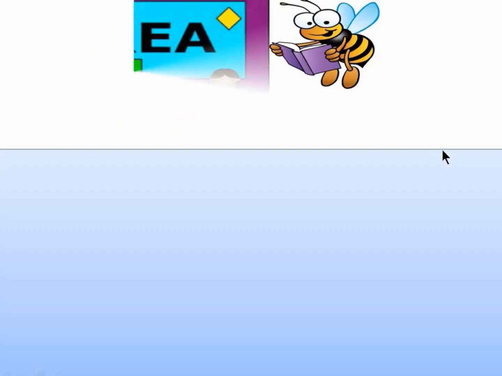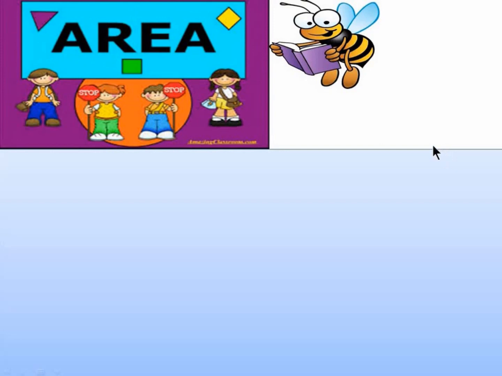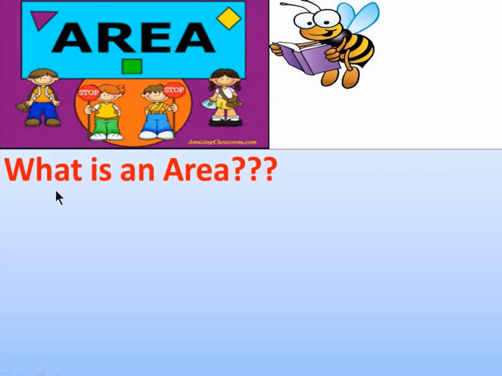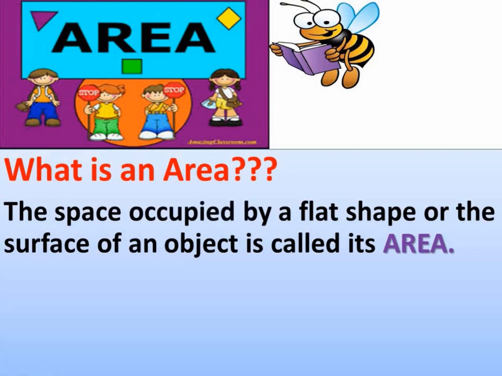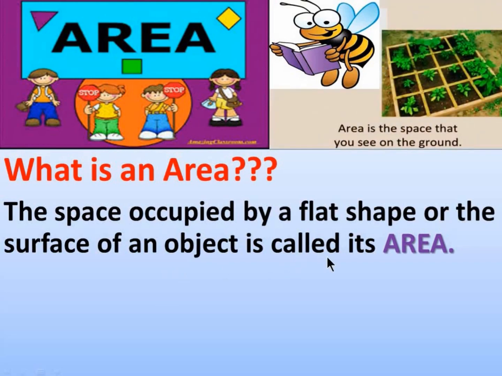Let me tell you more about area. It's the space occupied by a flat shape or the surface of an object. How much space is occupied by any plane flat shape, that's called its area. You can see here, area is the space that you see on the ground.